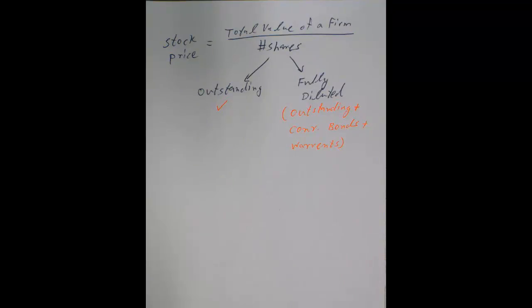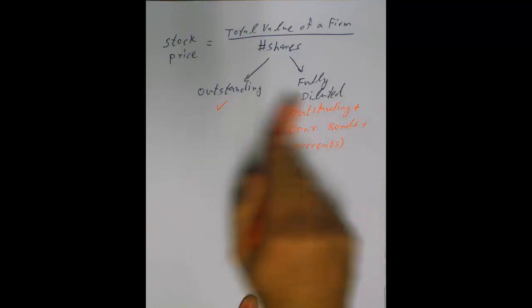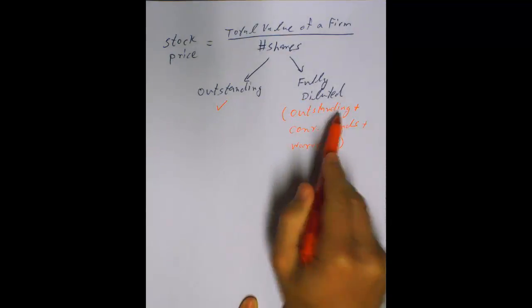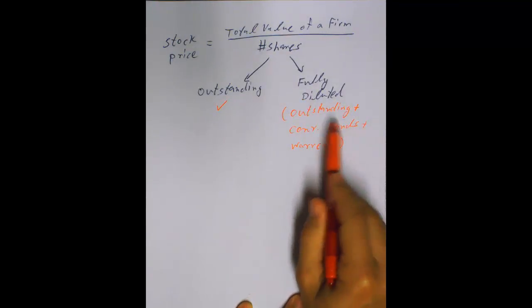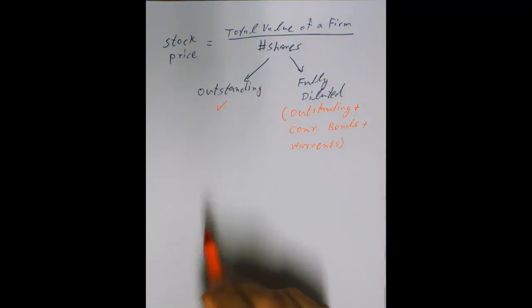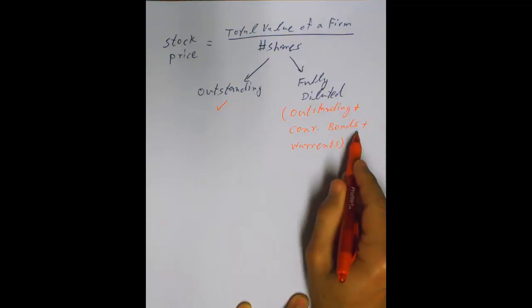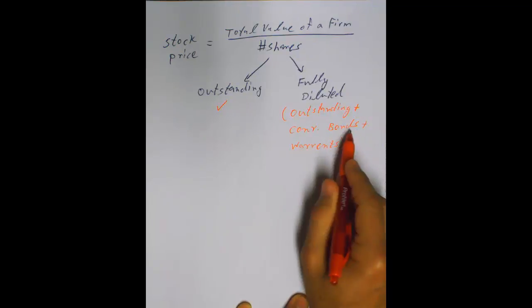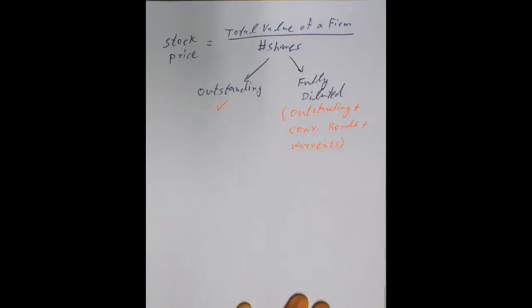Now, in some cases, you might want to consider taking the number of shares fully diluted in the denominator instead. What does it mean, fully diluted? It will take the number of shares outstanding, but then it will add also things that can be converted into stocks. For example, convertible bonds. If you remember, convertible bonds can be converted into a number of stocks.